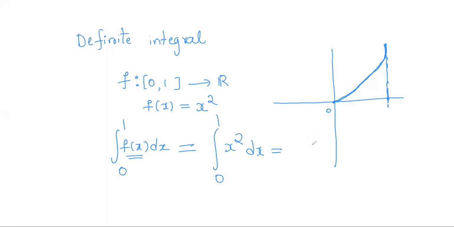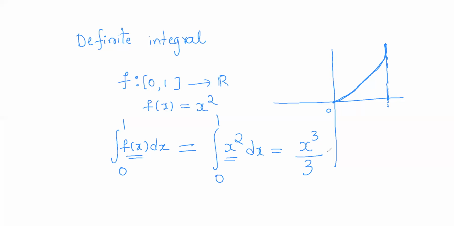On differentiation, the power of x decreases. So to get x square, what function do you have to differentiate? You have to differentiate x cube. On differentiating x cube, you get 3x square, but I don't need 3. So consider x cube by 3. If you differentiate x cube by 3, you will get x square. So the integration of x square is x cube by 3.